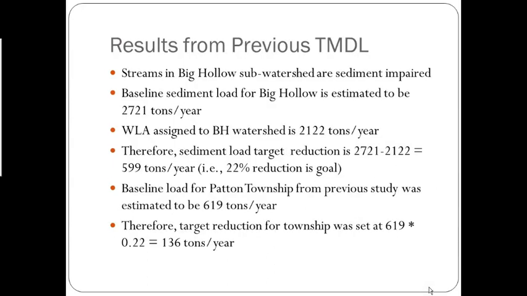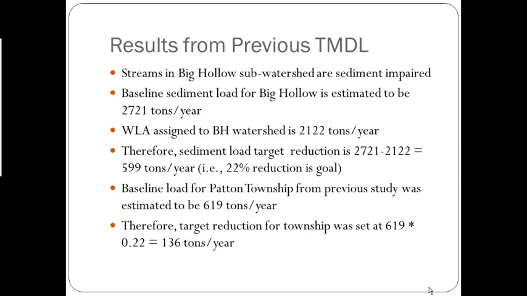This next slide, which was also shown previously, summarized the results from a previous TMDL that we assumed was done for the Big Hollow watershed. In this case, the streams in the Big Hollow subwatershed were determined to be sediment impaired. Therefore, the focus of the watershed improvement plan was determined to be sediment.